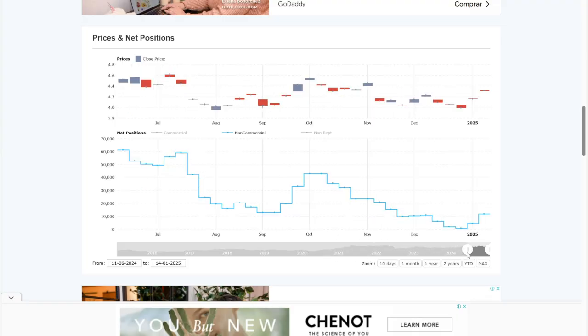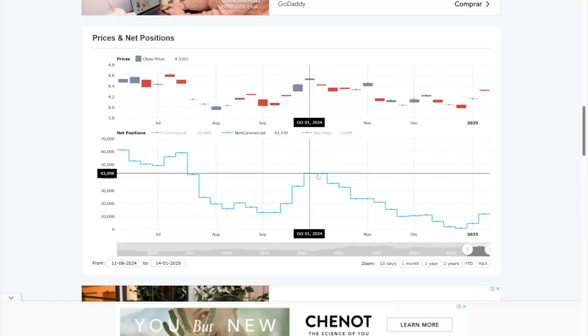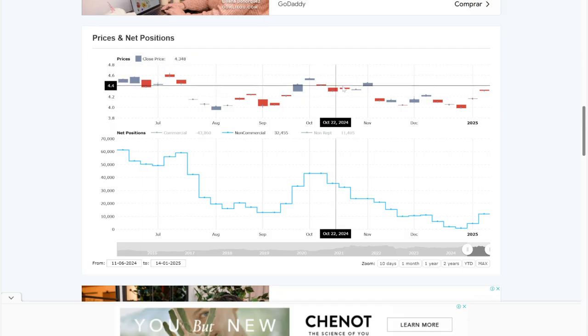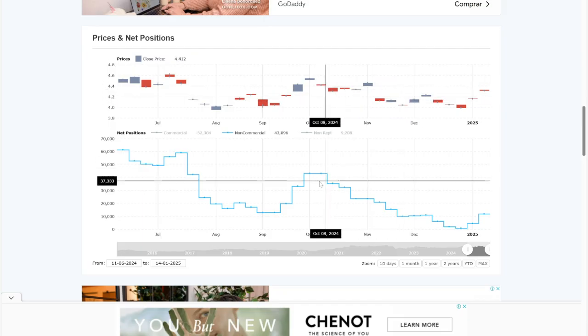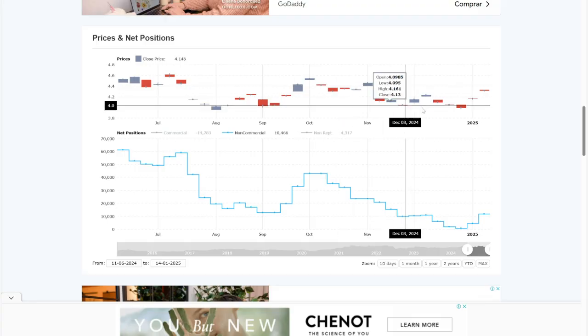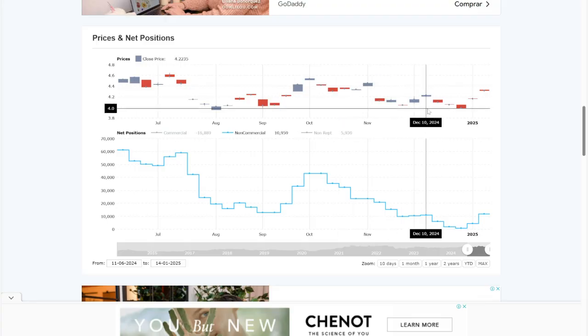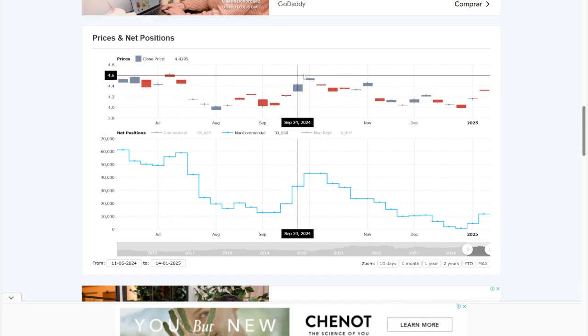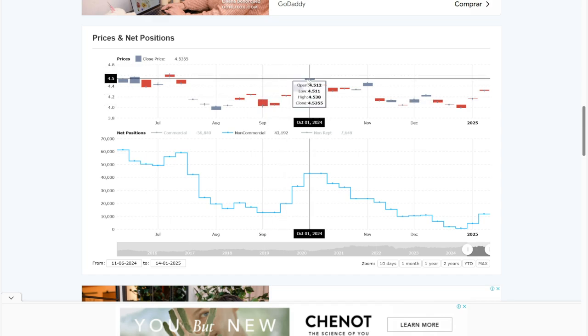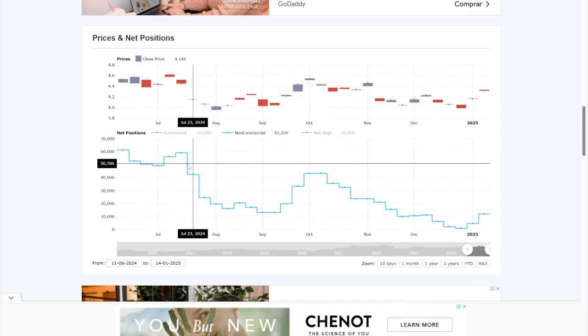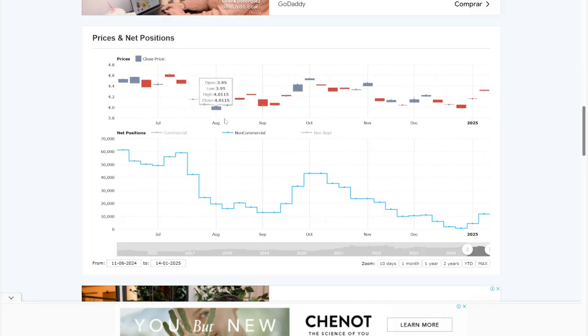Let's go here, okay? So as you can see, the correlation between non-commercials and the direction of the price is really high because they are trend followers. They are adding positions and pushing price lower. At the same time, when you see them accumulating, the price gets an explosion really, really fast. When they are reducing, the price gets lower.